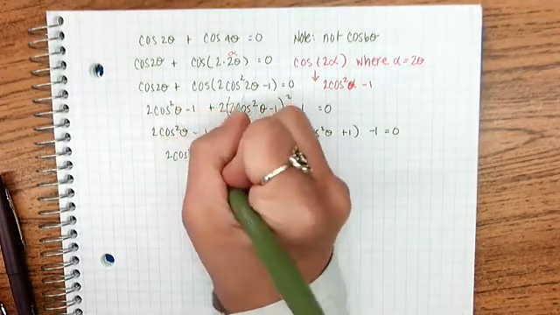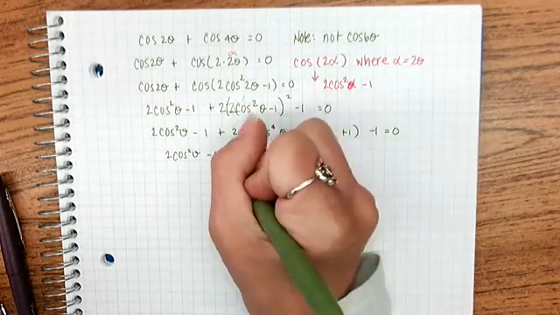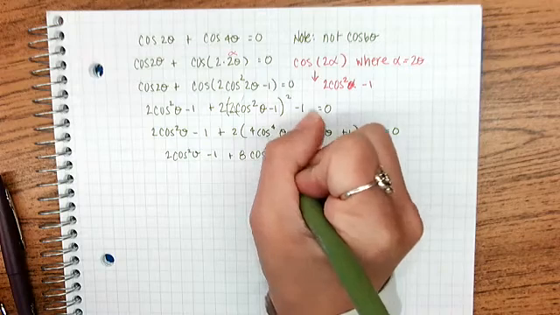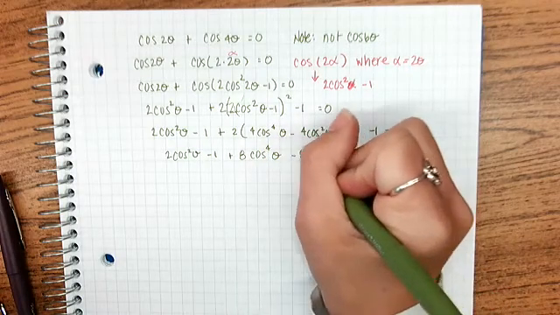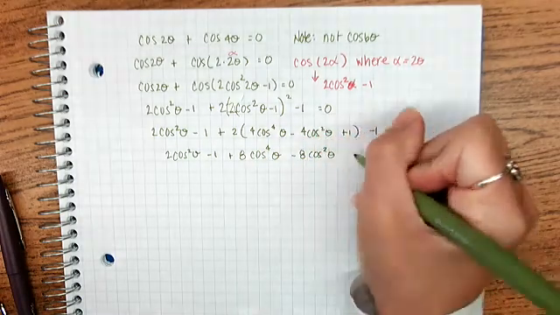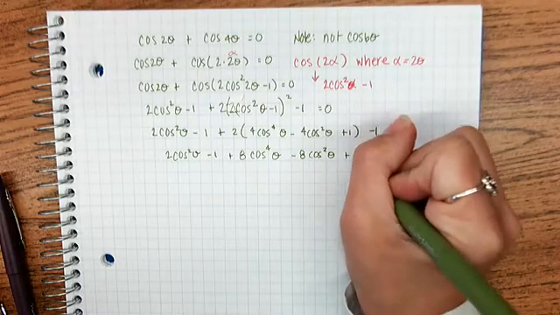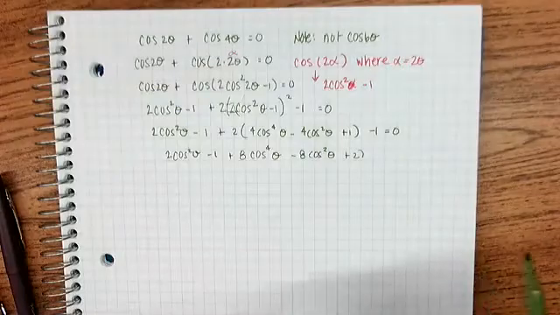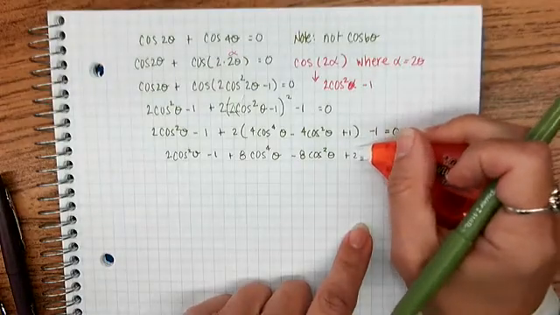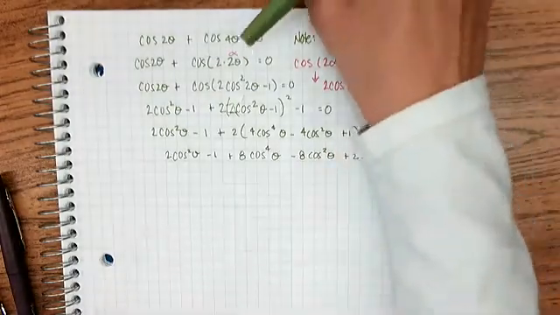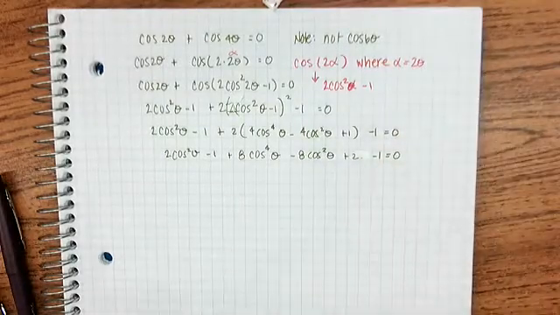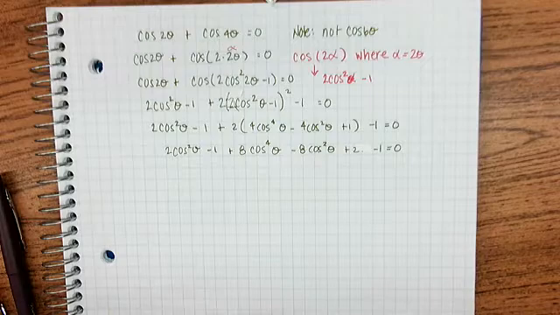I would imagine I'll be able to factor this, I hope. Oops, no parentheses there. I need the minus 1. I'm just distributing, combining like terms, etc.